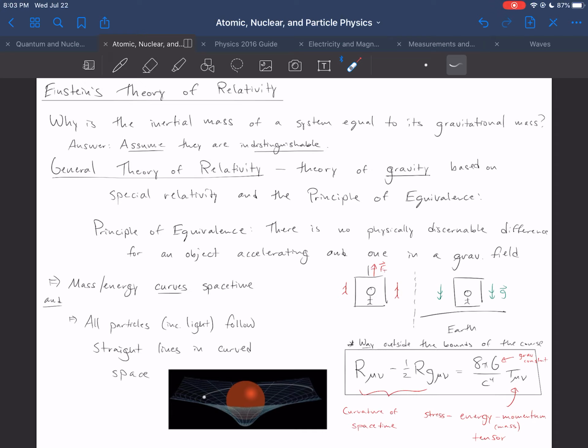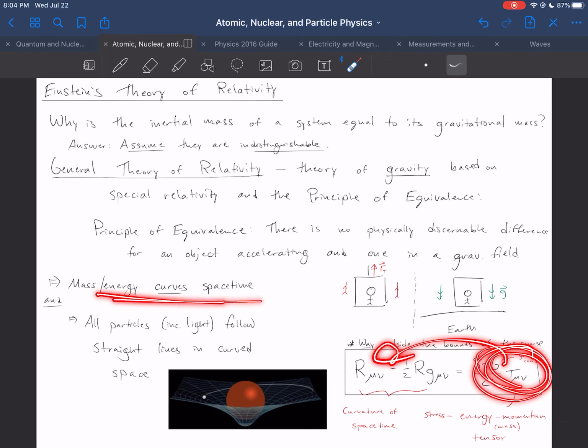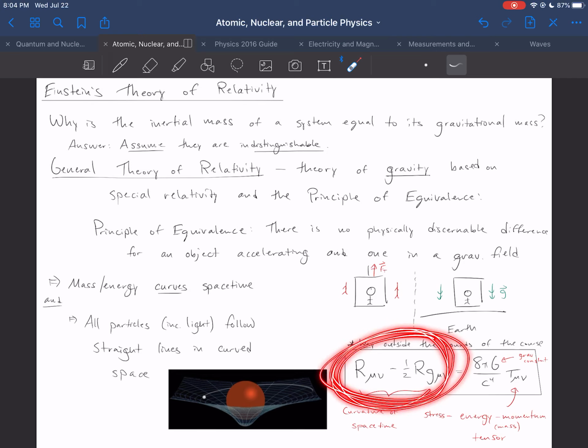If mass energy curves space-time, then that's mass energy affecting space-time. That's this statement right here. And if particles, including light, follow straight lines in curved space, that says this term right here, which is the description of space, affects the motion and action of this term over here, that stress energy momentum tensor. And so you can see how the equation captures both of these fundamental ideas.